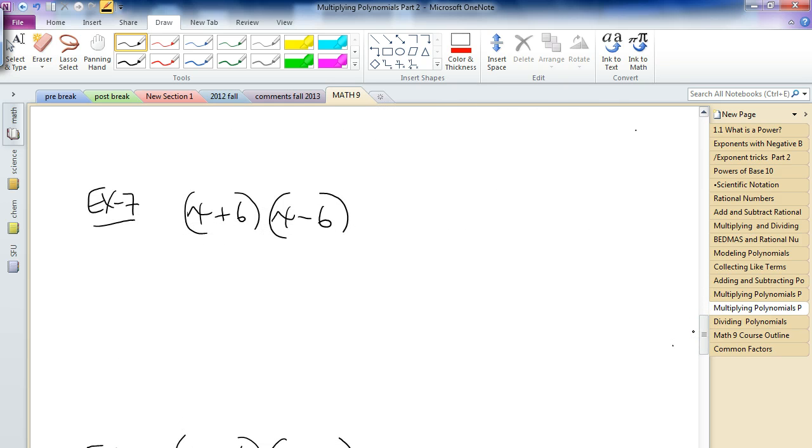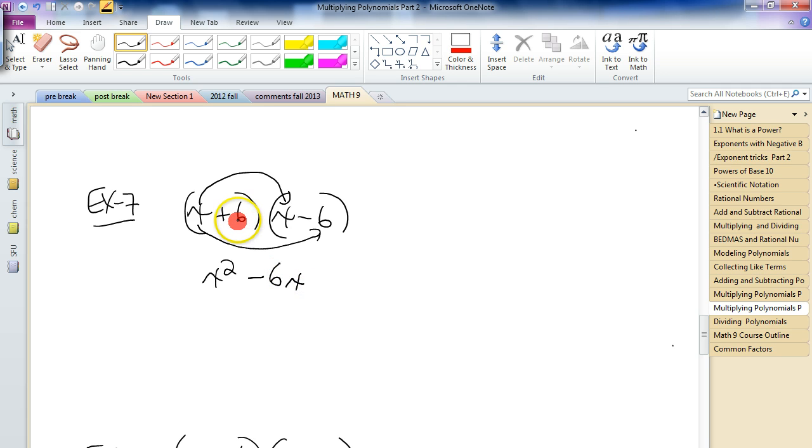How about this? Instead of 2 pluses and 2 minuses, now we have a plus and a minus. So let's FOIL this. x times x, x squared. x times negative 6, negative 6x.